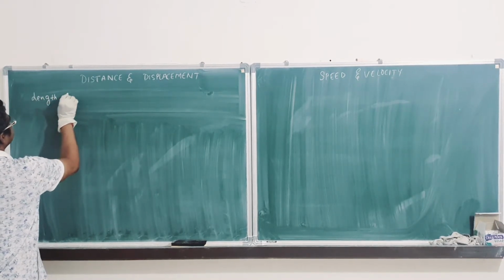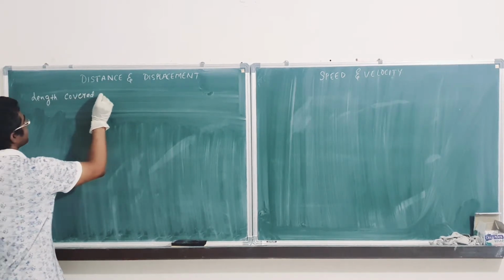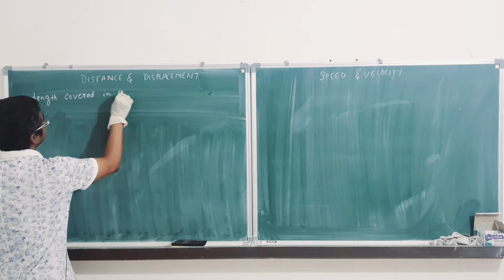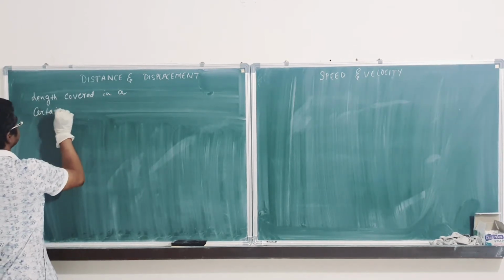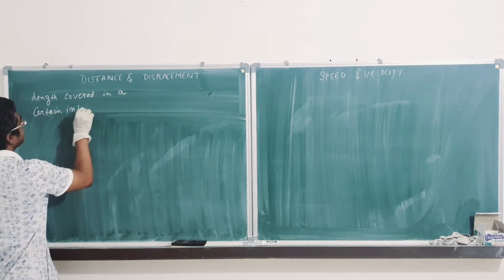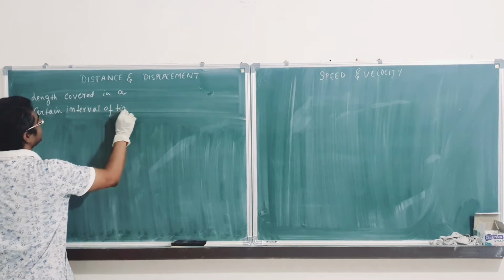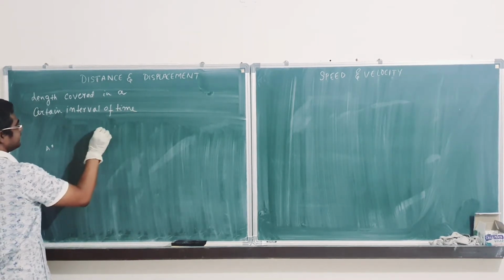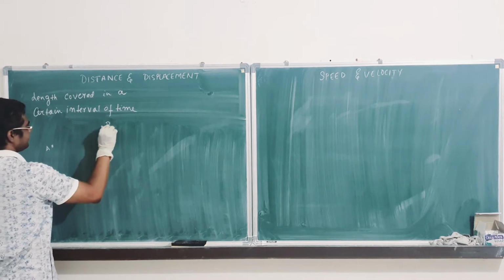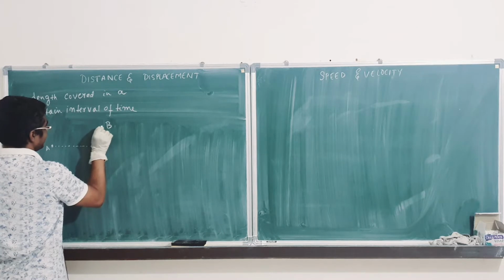Length covered in a certain interval of time. This is distance and nothing else. ठीक है, suppose this is a point A, this is a point B, so I go like this and I go like this.